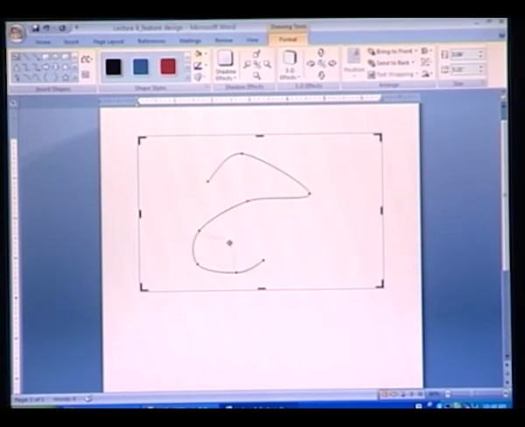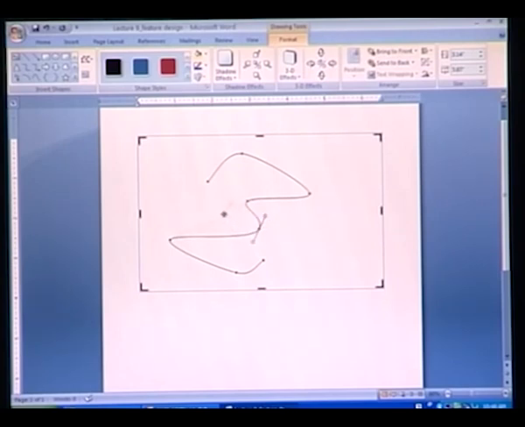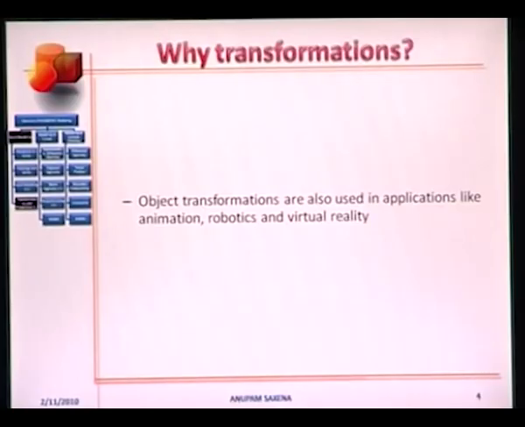Many curves constitute surface patches, so moving these points or transforming these points allows me to change the local shape of those surface patches as well. I can go ahead and locally change the slope at a point. I will not be able to do feature design unless I perform transformations. Object transformations are also used in applications like animation, robotics, and virtual reality.